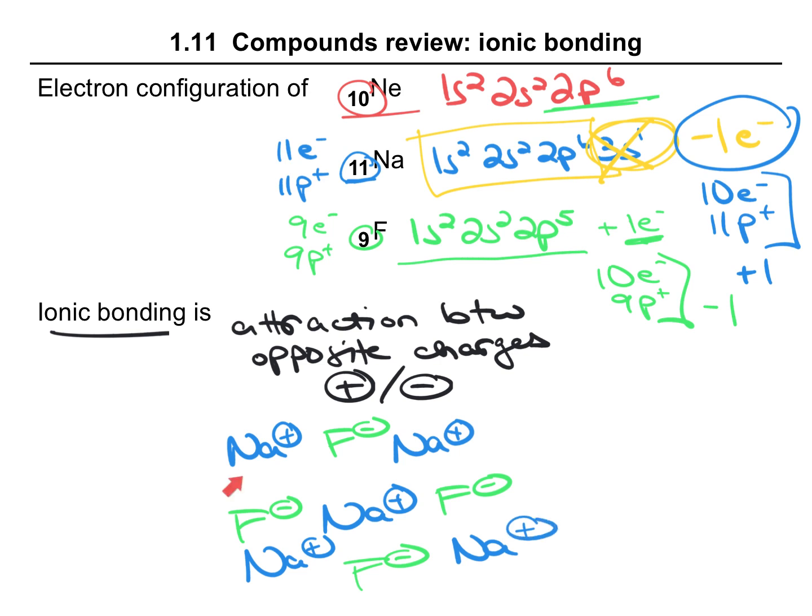We're not talking about this as a specific molecule of sodium fluoride. This is a formula unit. This particular sodium ion is going to be attracted to this fluoride, and others. This sodium in the middle is attracted to all of these fluoride atoms. So we have this network of attraction.